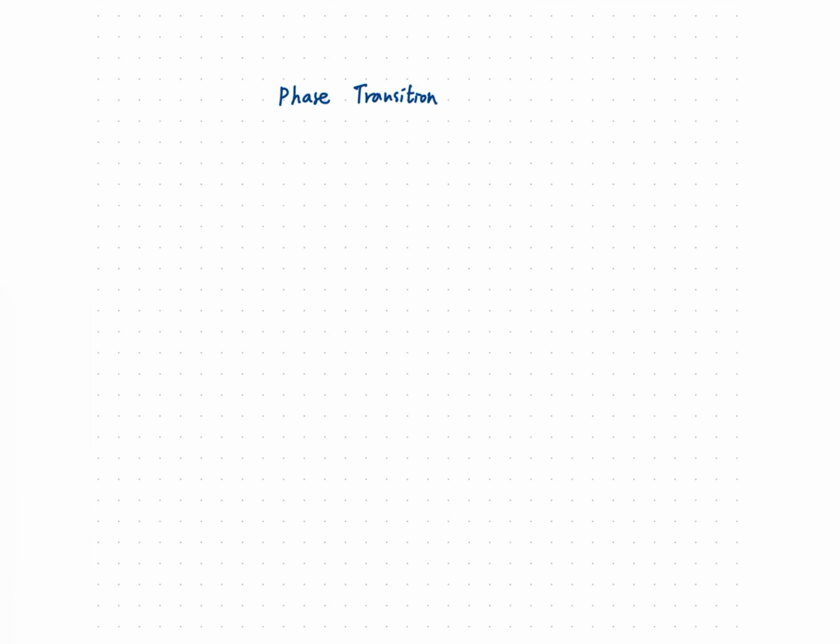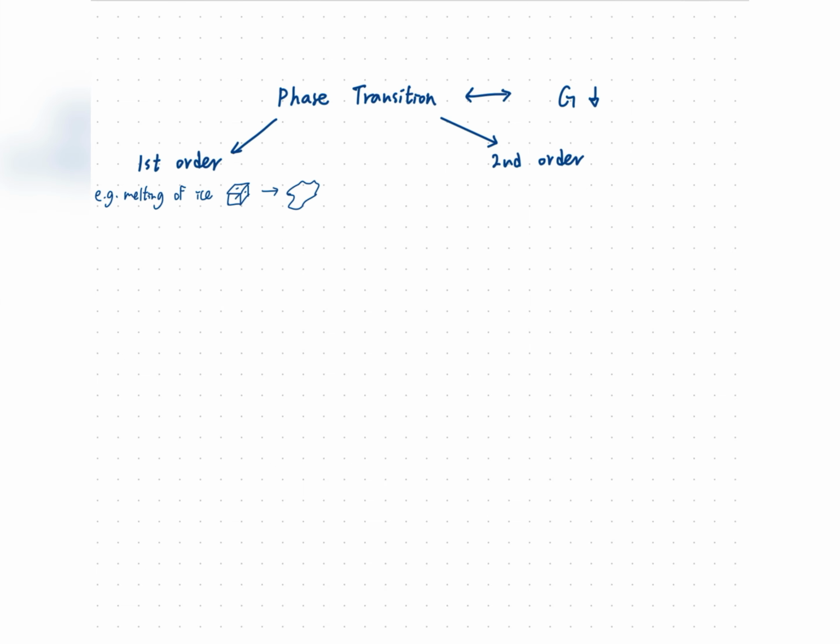Another interesting phenomenon is phase transition, which occurs when a change results in decrease of Gibbs energy of the system. There are first order and second order phase transitions. First order phase transition is something we are all familiar with. For example, melting of ice.